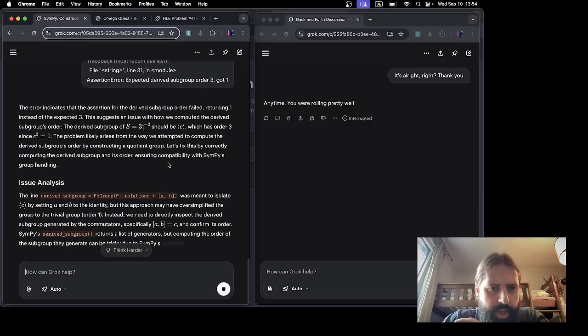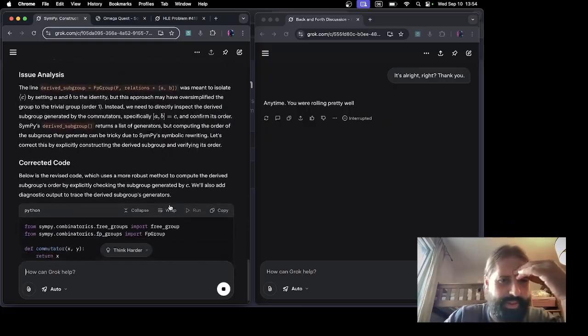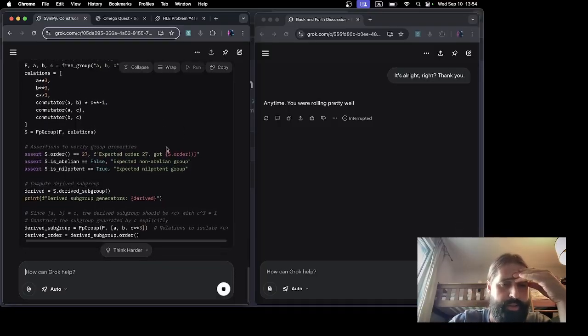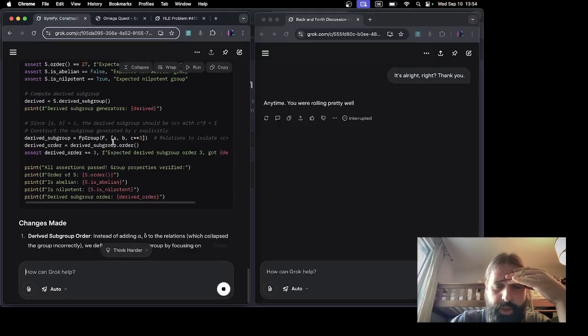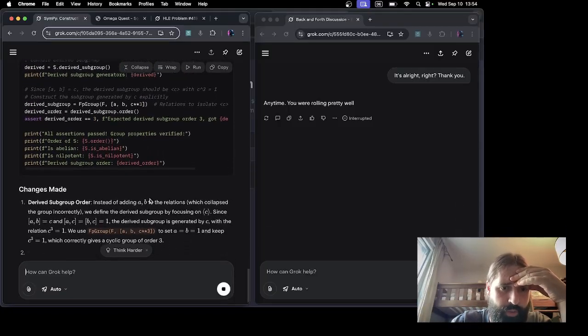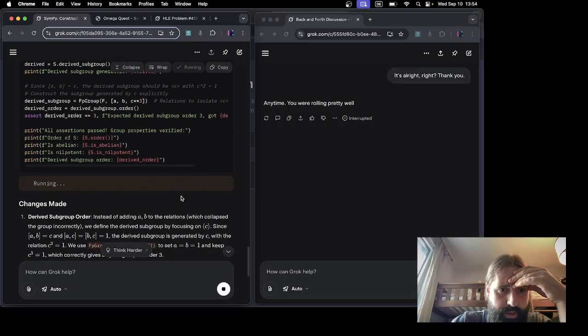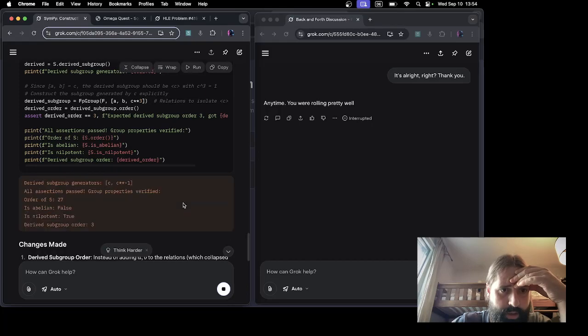I have to get to the bottom of this. I actually have to build that. SymPy might be the wrong tool, but I don't want to use GAP. Grok was not good at these. Running. So abelian false. No, I don't know. It's the first time I see that.